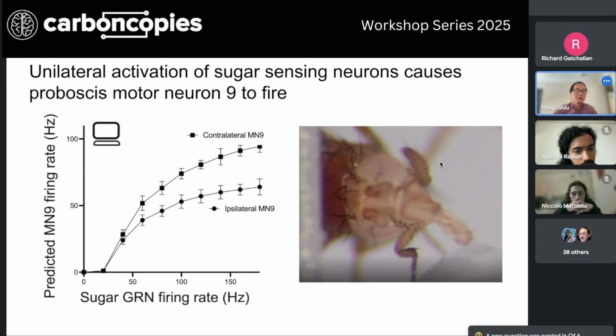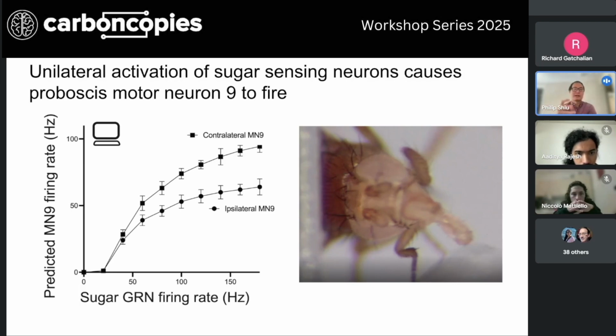In particular, if we gave the fly sugar, then it should cause this particular neuron called motor neuron 9 to fire. And we chose motor neuron 9.